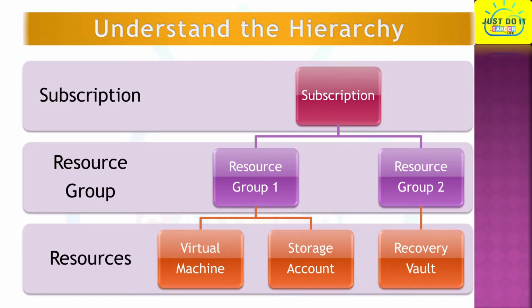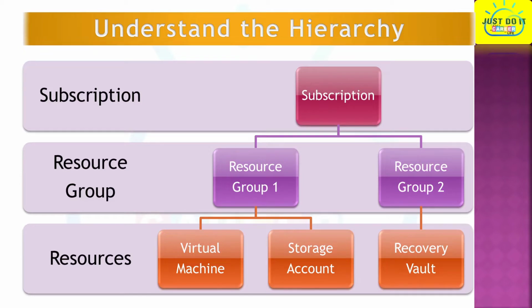Firstly, at the top position, there is a subscription, which is nothing but a billing account or identity for your organization. Then there come the resource groups. In the previous lecture, I have already explained what a resource group is. So whoever wants to know can go back to my earlier video and come back to this point.